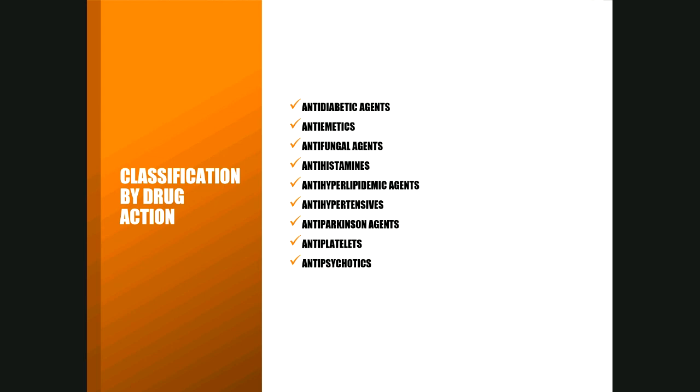The next few, beginning with an anti-diabetic and an anti-emetic, are still found on page 260. Anti-diabetic agents are drugs that are used to treat diabetes. Diabetes affects almost 26 million Americans in the United States.